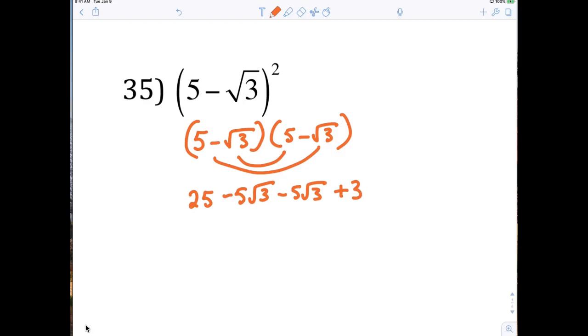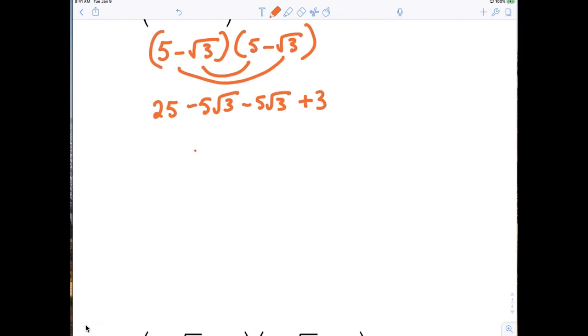Now just combining terms, which makes it 28 minus 10 radical 3. The biggest mistake kids make on that is they just go 25 minus 3. That minus has nothing to do with it. It's the plus 3. How did you get the plus 3?